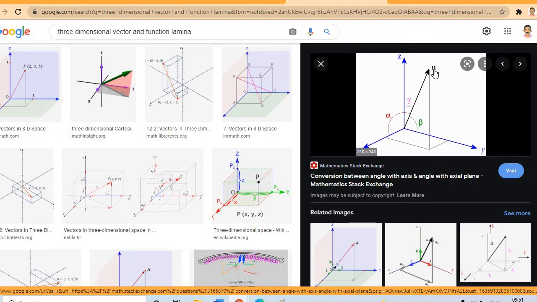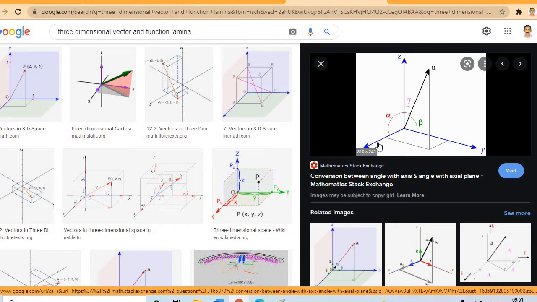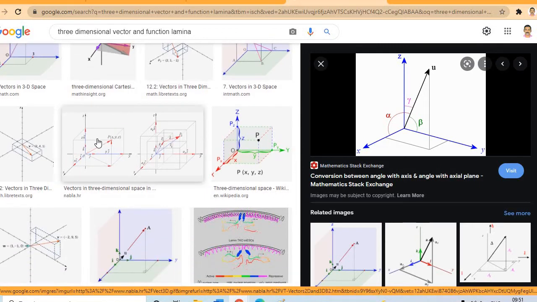U is the point under consideration. This is a point in this three-dimensional Euclidean space, and this gamma is the angle between that. This is the angle between the y-axis and that line, and alpha is the angle between the x-axis and u, etc. So that is a pictorial representation.